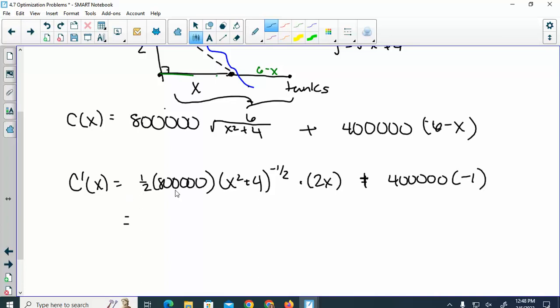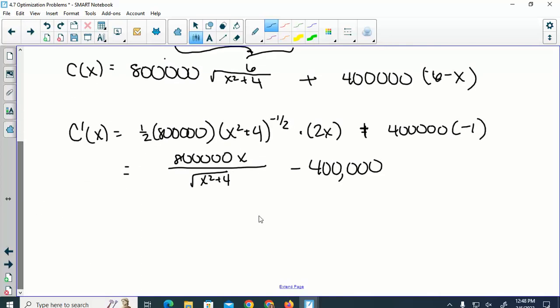So 1/2 times 800,000 times 2x gives me 800,000x over the square root of x squared plus 4, minus 400,000. And what do we want this to do?